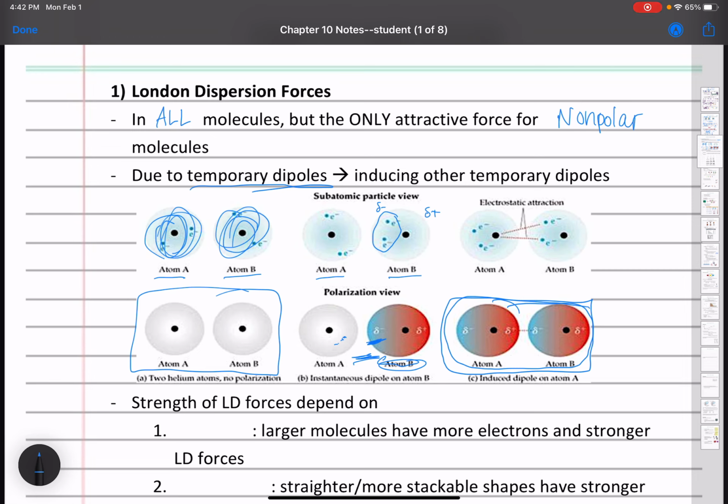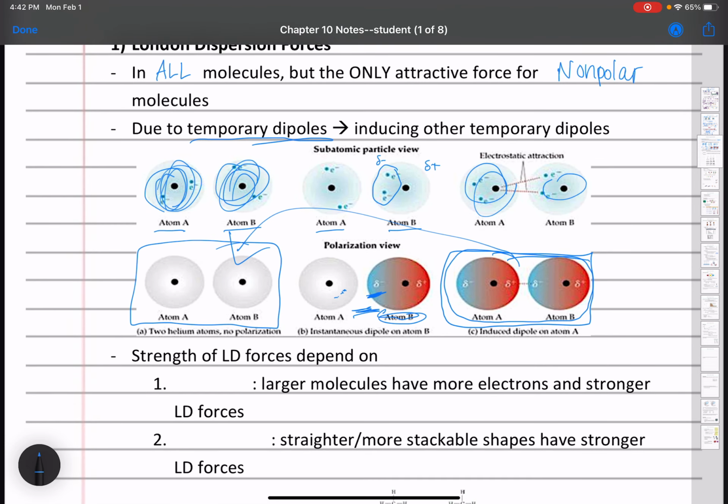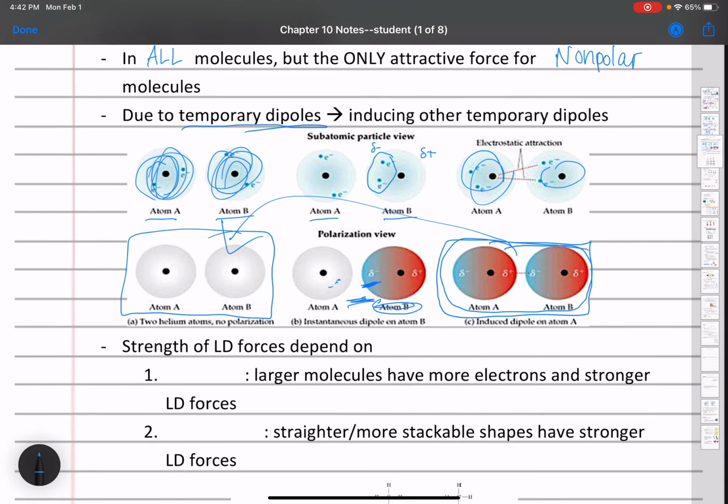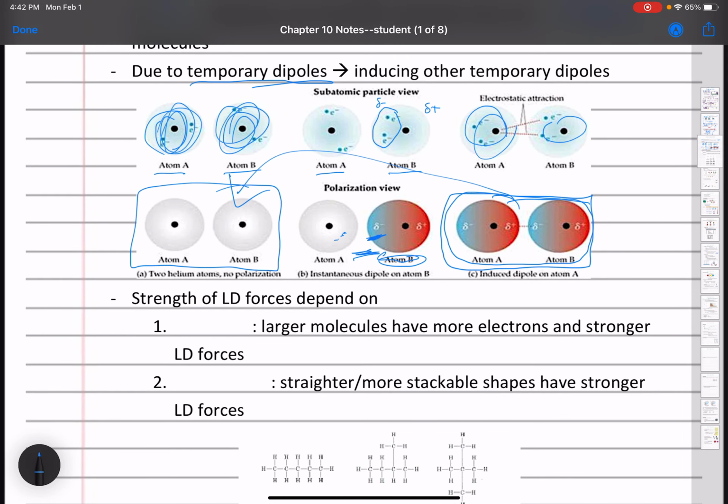Then just as quickly as it formed, it unforms, the electrons keep flying around, and we go back to this state over here. So these dipoles are very temporary, but while they exist, they do exert an attraction. London dispersion forces are very weak, but they can be additive and become very significant.